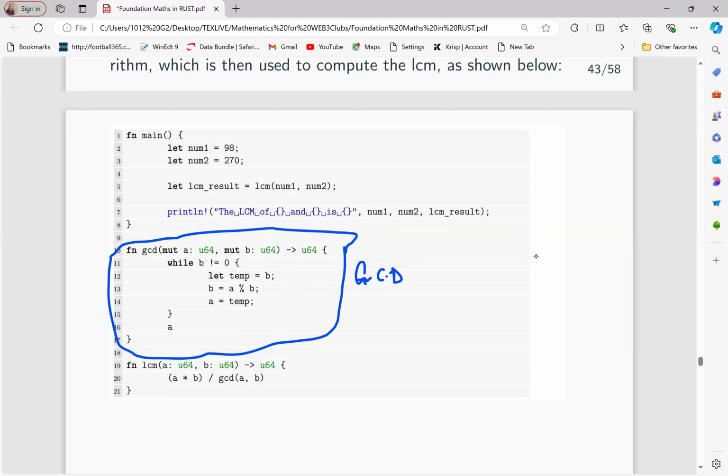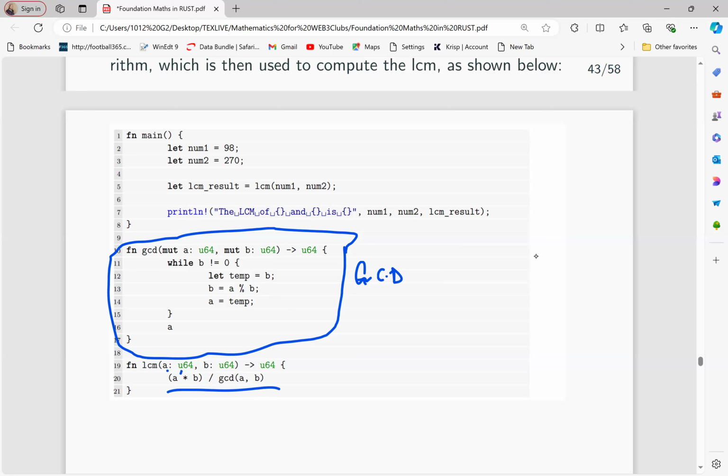And now there's this function here that gives us the LCM of a number which is positive: A is U64, B is also U64, and the result is also a U64. And what does it say here?